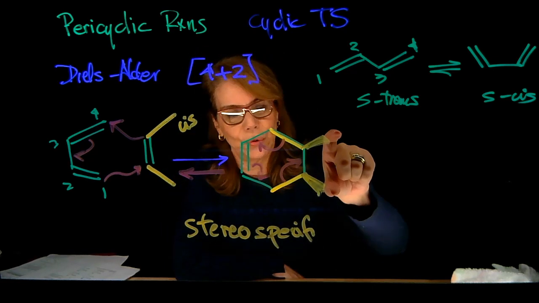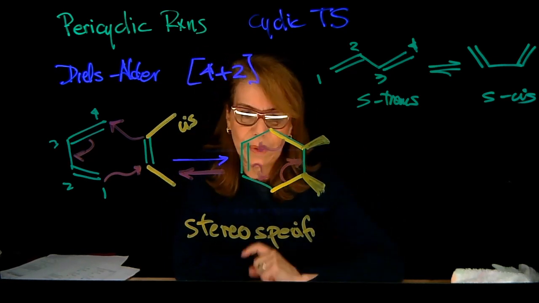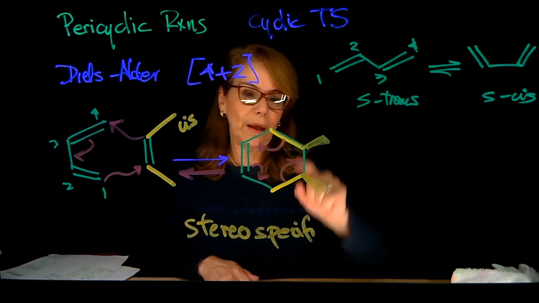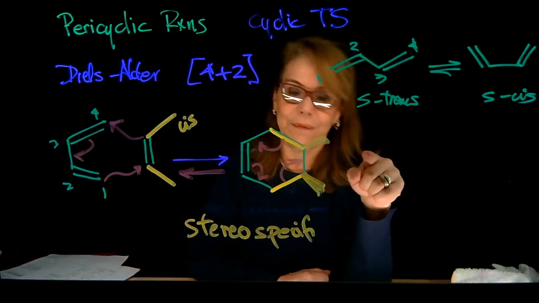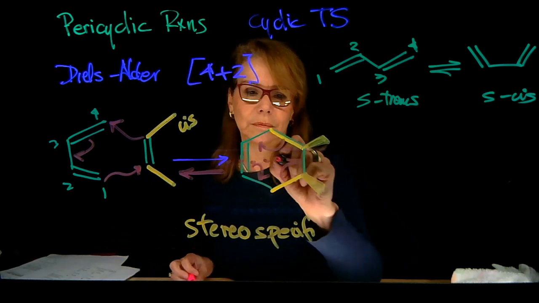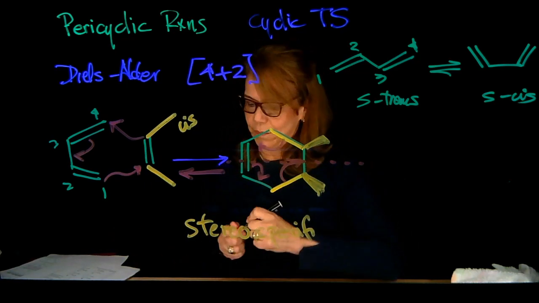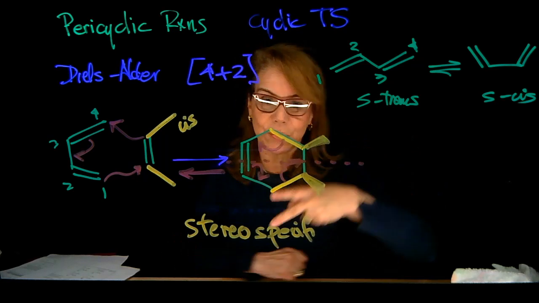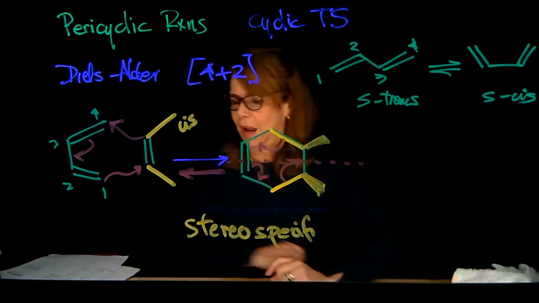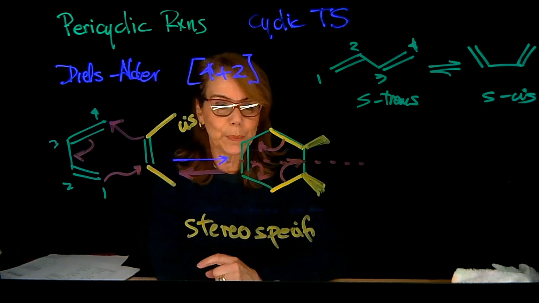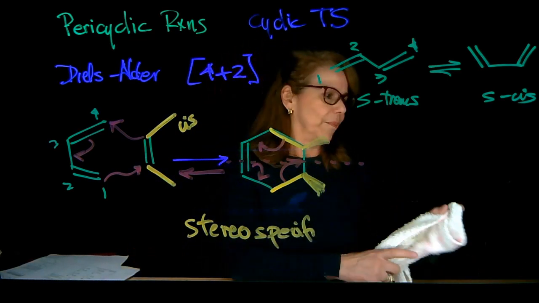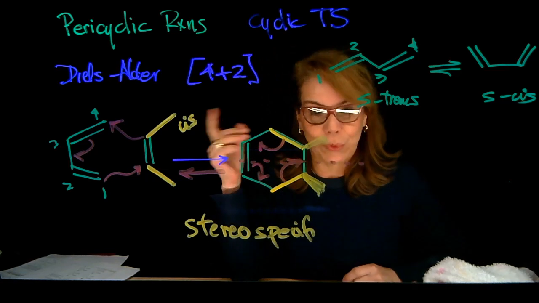And the 2 methyls are now pointing to the same side. If you have those 2 substituents, this compound is a meso compound. So the enantiomer with the 2 substituents will be the same. So stereospecificity is important in Diels-Alder, and we want to continue doing that with problems.